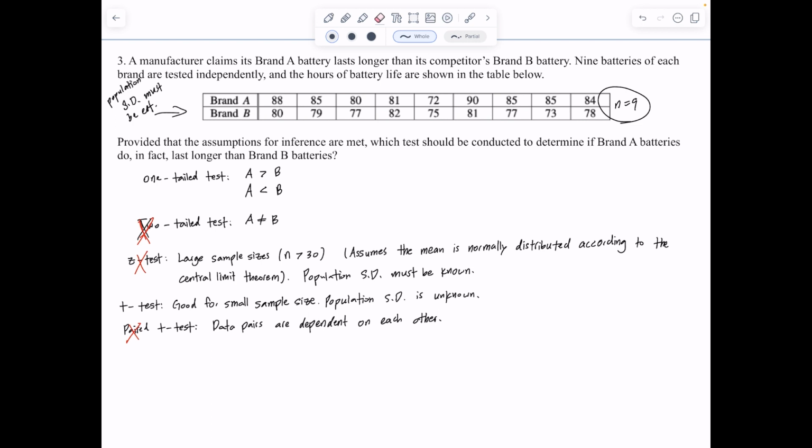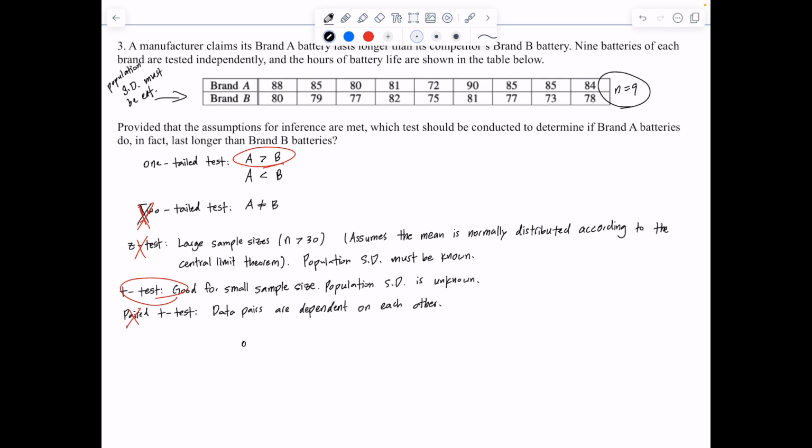And in this case, we're going to opt for this one, A is greater than B. And finally, we do have a small sample size of n equals 9. We do not know the population standard deviation, and so we should use the t-test. And so the answer to this question is going to be one-tailed t-test.